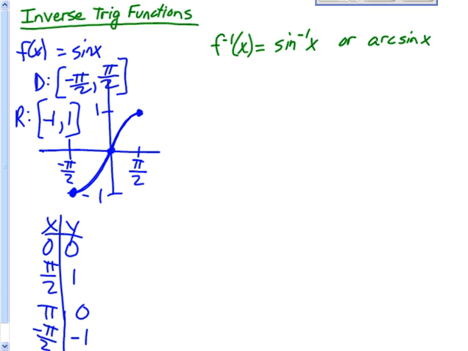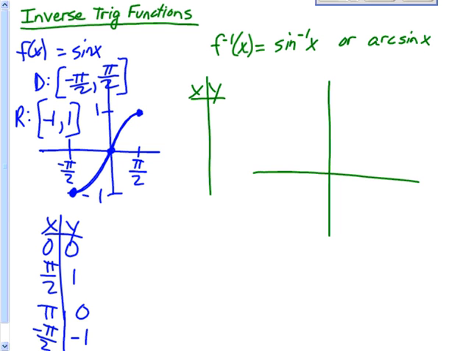So now you think about that and you're like, well, what does this thing look like then? We know the point 0, 0 on the original. You flip-flop that, it's still going to be 0, 0. That point pi halves, 1 now becomes 1, pi halves.